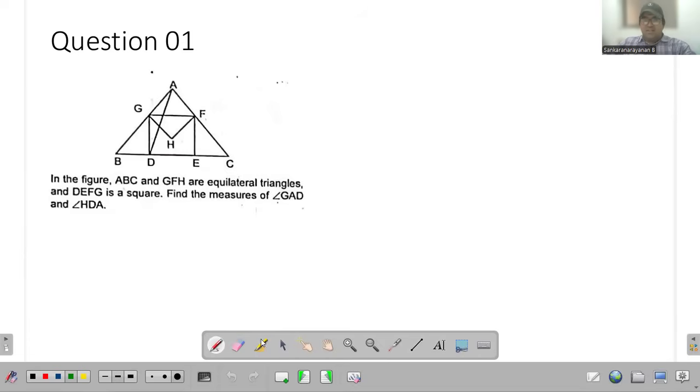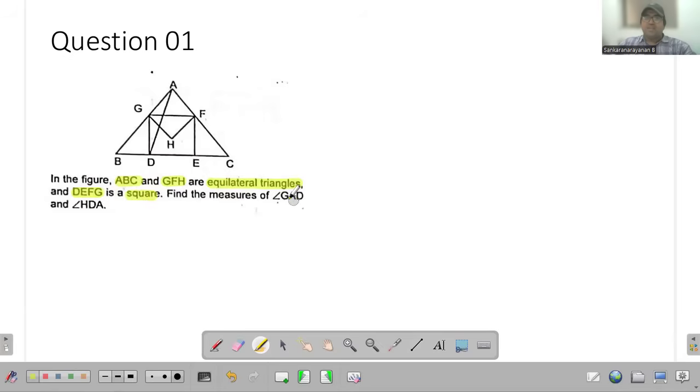In this question, you can see that there is a figure where triangle ABC and triangle GFH are given to be equilateral triangles. It is also given that DEFG, the quadrilateral, is a square.